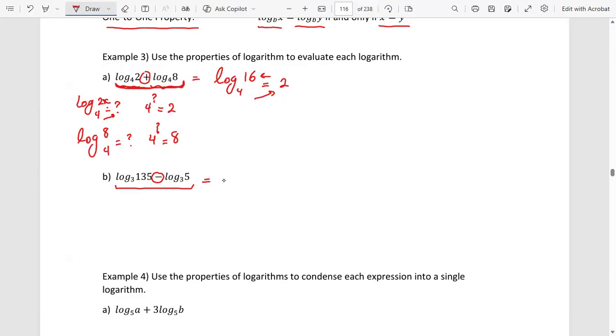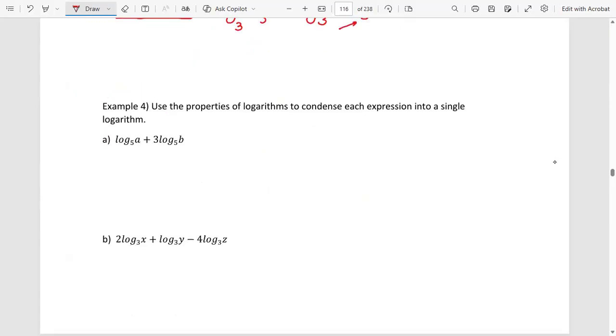I write one single log and divide 135 by 5, and the answer is 27. Now I can find the answer. I know the log base 3 of 27, or 3 to what power is 27, is 3. So if we use the properties, it helps us to evaluate the function.